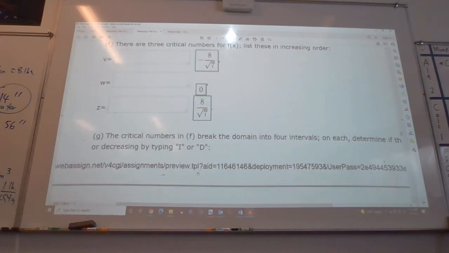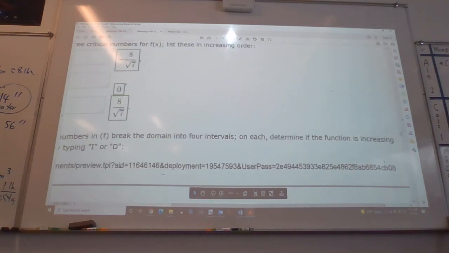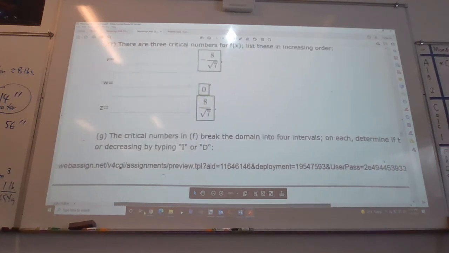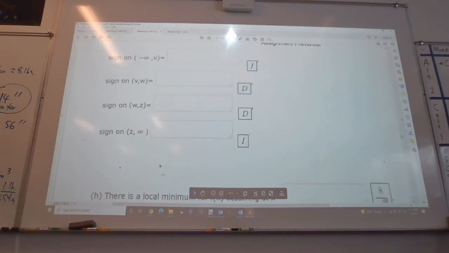Now, for critical numbers, it's interesting to know what the derivative is. They say determine where the function is increasing, which means the derivative is positive, or decreasing, when the derivative is negative. So you basically break it up into 4 sections, and you plug in numbers. Again, it's a lot of work, and on the final you're going to have to do this work. There will be one like this on the final, because there hasn't been one like it yet.